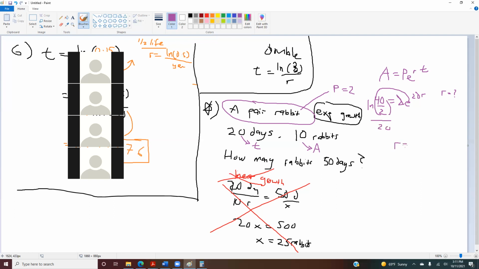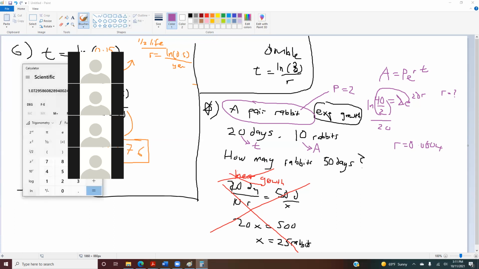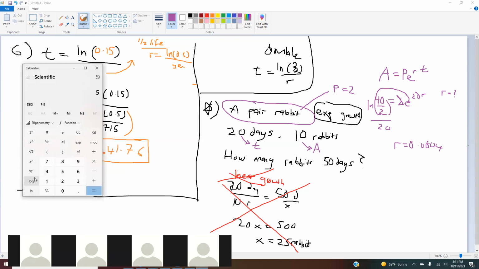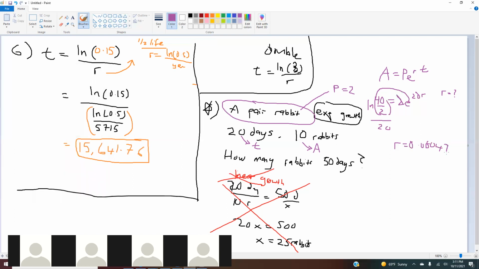Anyone got the rate in this case? 0.0804. So it's ln 5 because 10 divided by 2 is 5. Then ln 5, and then divided by 20, right? Yep, 0.08047, something like that. This is your answer now.